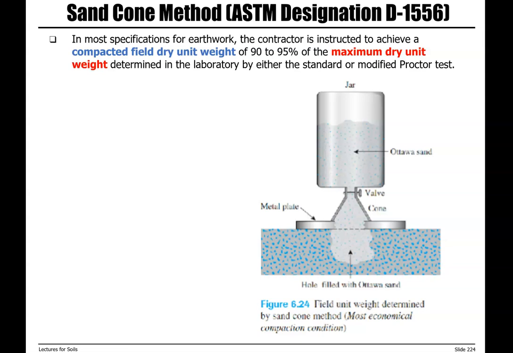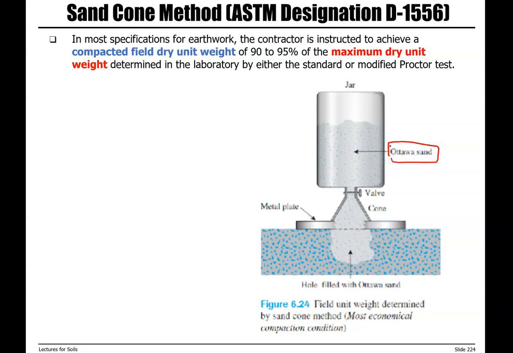There are different tests that can be performed, but I have a very simple test that can be done on site in field to measure the dry unit weight of compacted soil. So we need to use a certain type of sand.